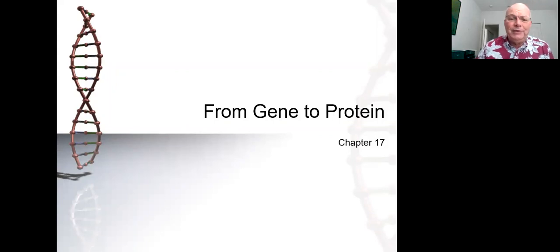So I want to add a little bit of extra information so that you can clearly differentiate between the two processes, because they are very different. As is termination of transcription. And I'll talk a little bit more in detail about that when we talk about transcription as well.